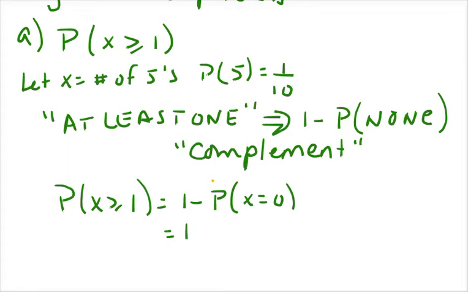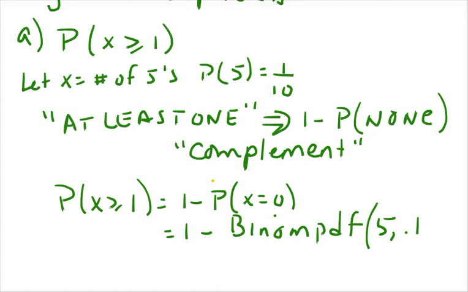And that's a binomial distribution, and x equals 0, where n is 5, right? A group of 5 digits. The probability of success of getting a 5 is 0.1, and then 0 is the point of interest. And that value is 0.4095.